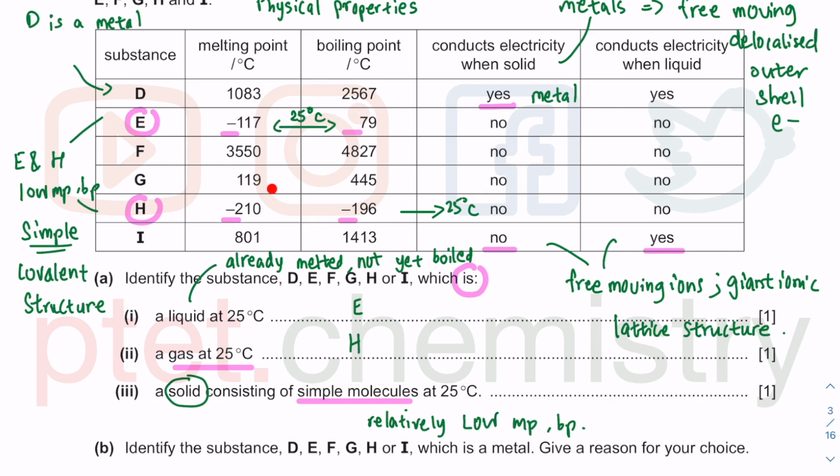And we're looking at G really, because in terms of 25 degrees Celsius, that 119 degrees Celsius melting point, despite looking quite high, is not as high as thousands, but it is still higher than 25 degrees Celsius. At 25 degrees Celsius, you're lower than the melting point, which is 119 degrees Celsius. So you have not melted, therefore you are still a solid there.